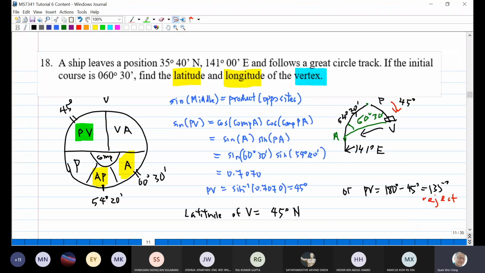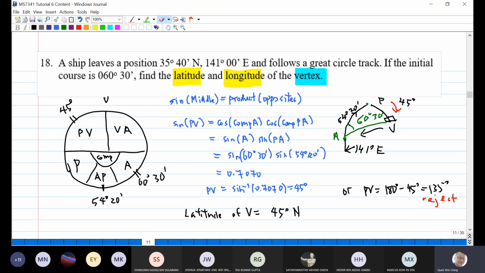So now I want to find the angle P, okay? How far away the longitude. So now I want to use angle P. So I know this 45 degree. I know AP here. So now I want to find angle P. So I'm going to use the color code again.